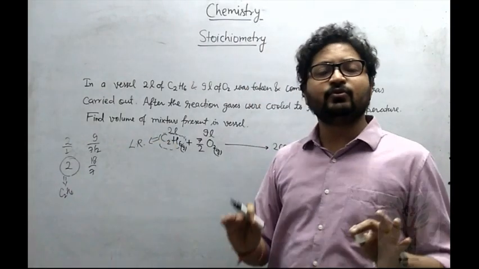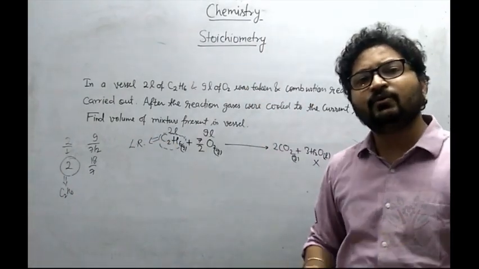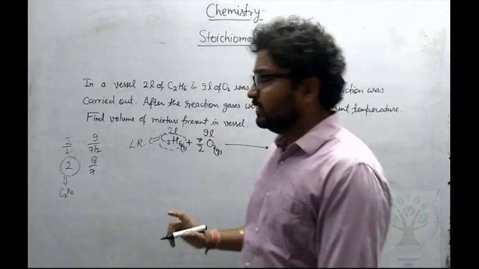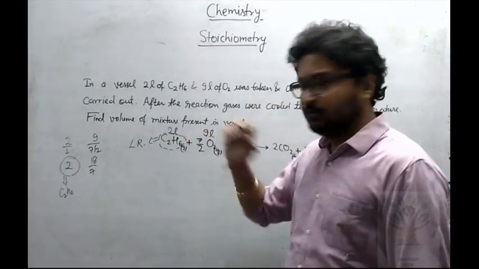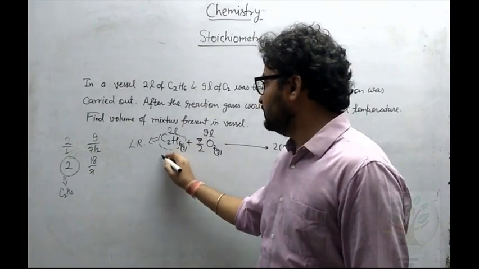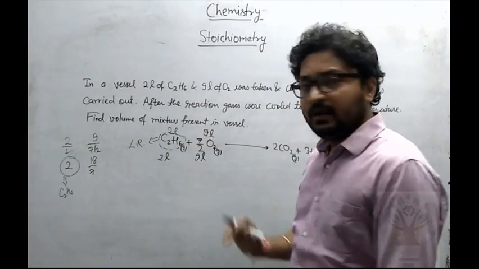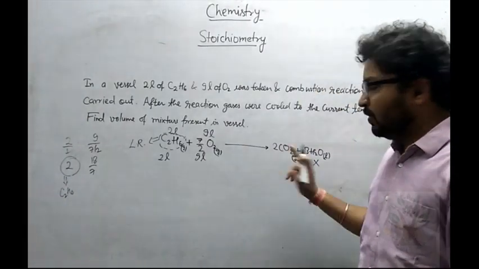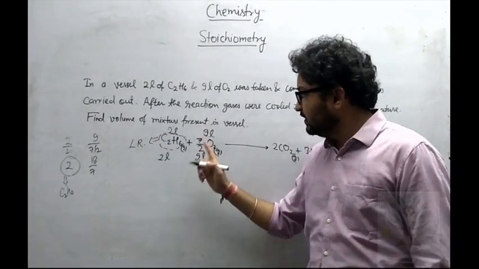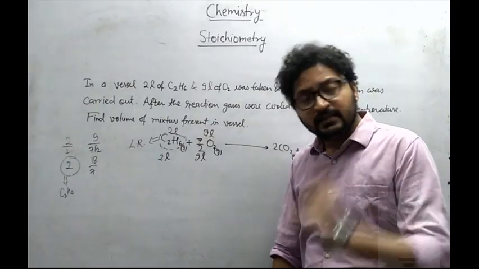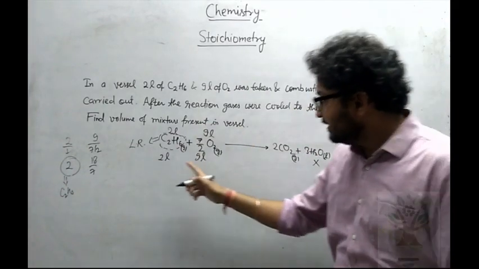Just like we used to do calculations in moles, here we are doing calculations in terms of volume. So during the reaction, who will get consumed? C2H6. Now how much volume do we have here? 2 liters. How much volume of O2 do we have here? 9 liters. Now tell me, will the product amount be decided by O2 or by C2H6? It will be decided by C2H6. So look at this relation.